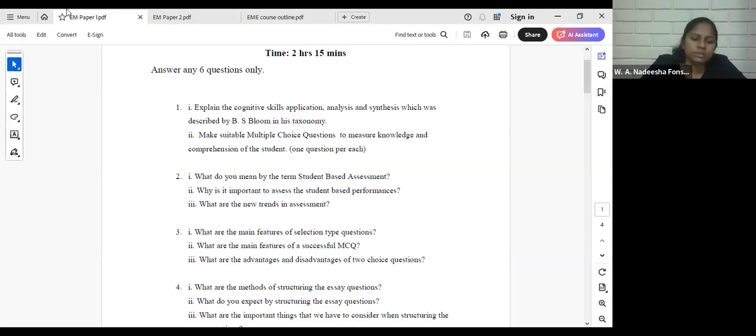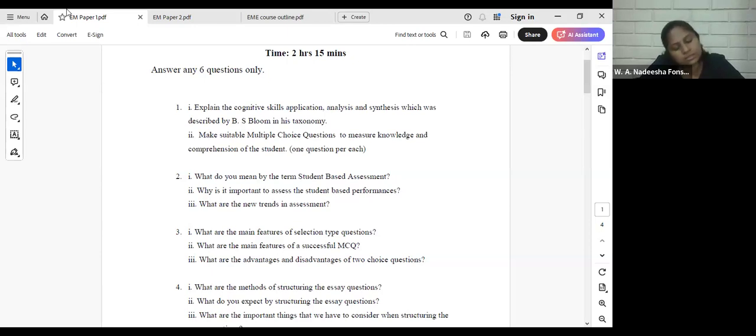So the next one, what do you mean by the term student-based assessment, SBA? Like performance-based assessment. In which domain do we use performance-based assessment?